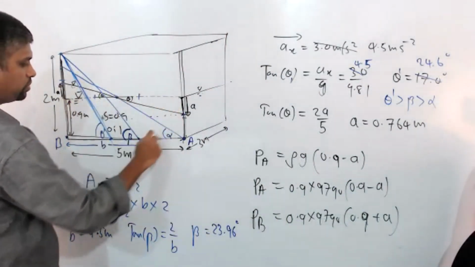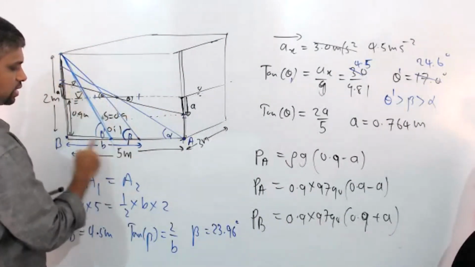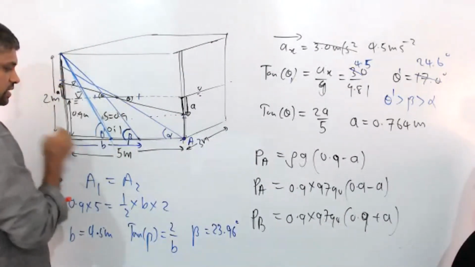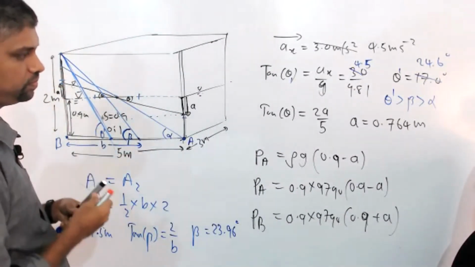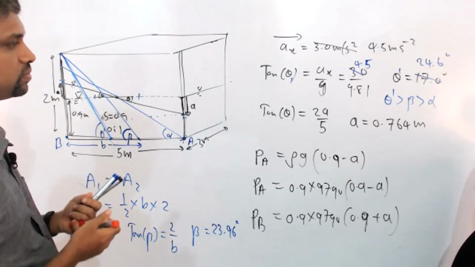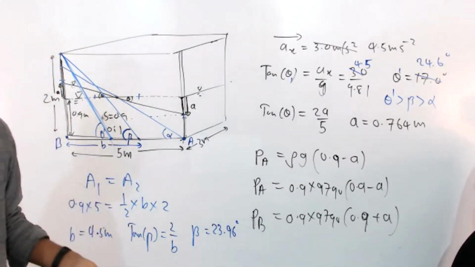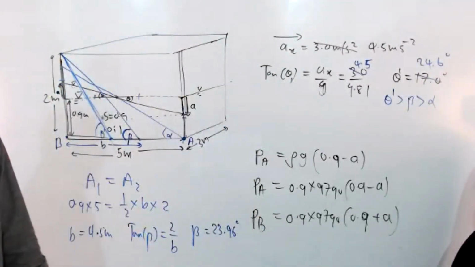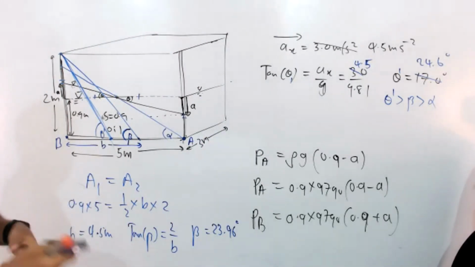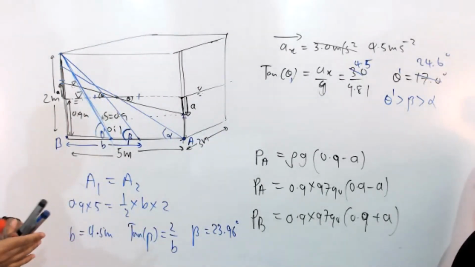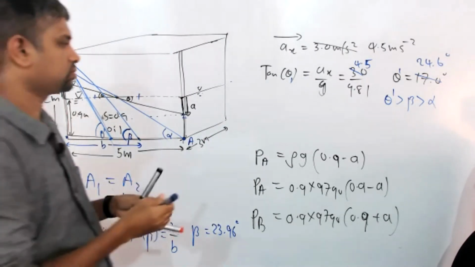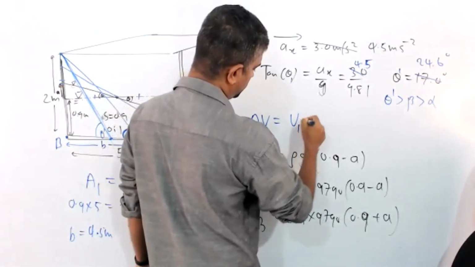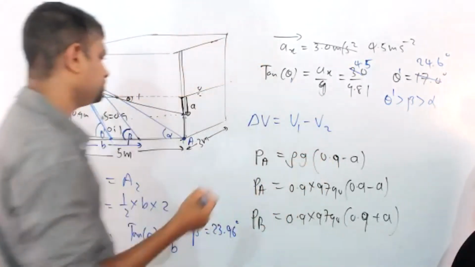Where our original volume equals this volume, that is where beta is. Only after that does the water go out, at theta dash. Now we have to calculate the difference, the amount of spill, let's say delta V. The delta V is V1 minus V2, volume 1 minus volume 2.